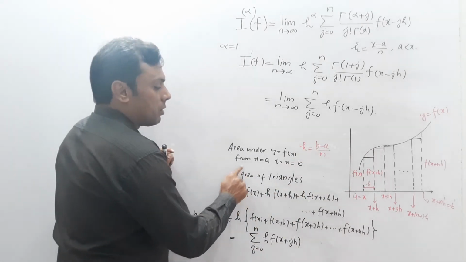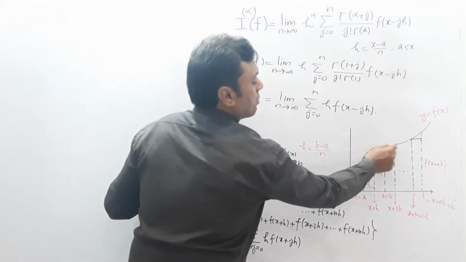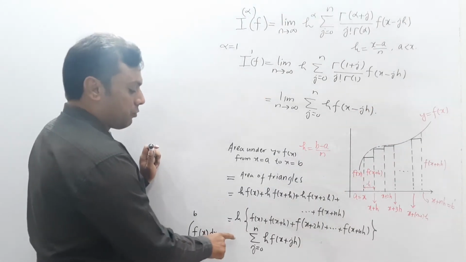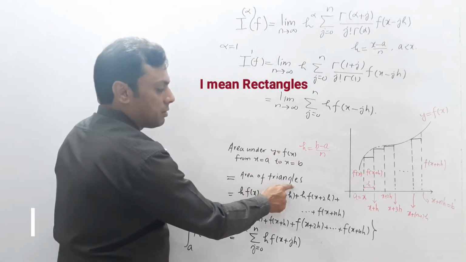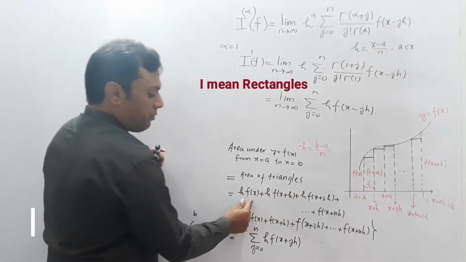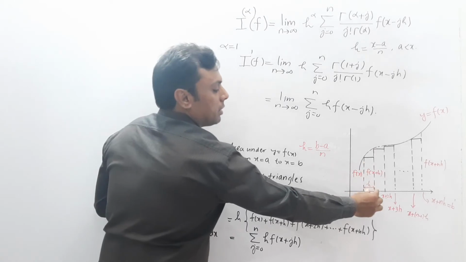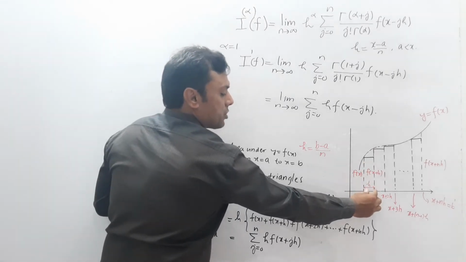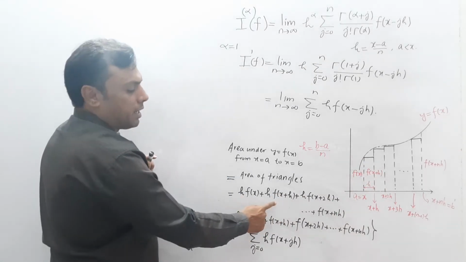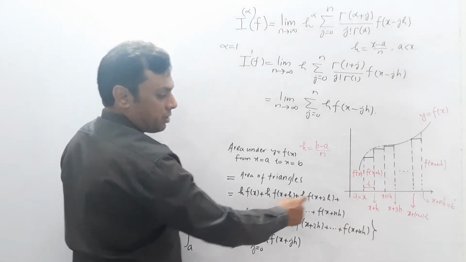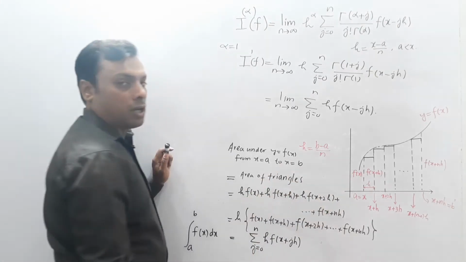So this whole area is basically the area of rectangles, with an error which can be reduced if you take the limit. The area of the first rectangle is width into height, which is the formula for finding the area of a rectangle: h times f of x, and the second rectangle is h times the next height, f of x plus h, and this is the area of the third rectangle, and so on to the last rectangle.